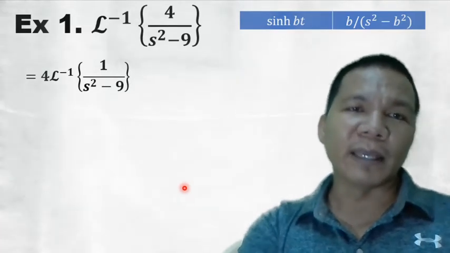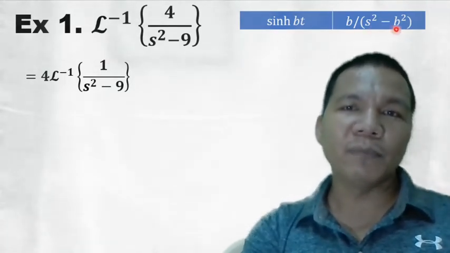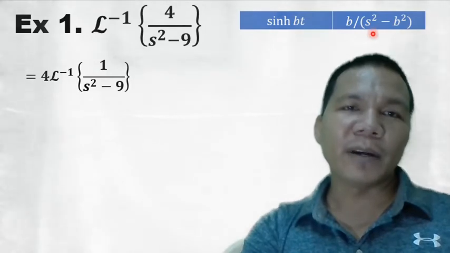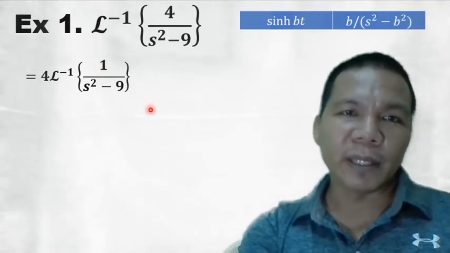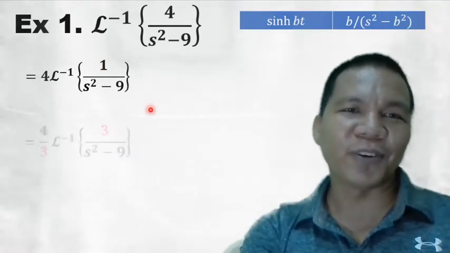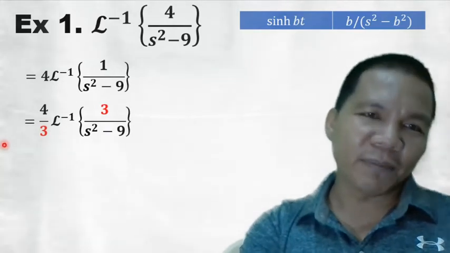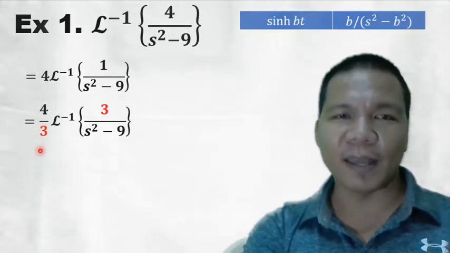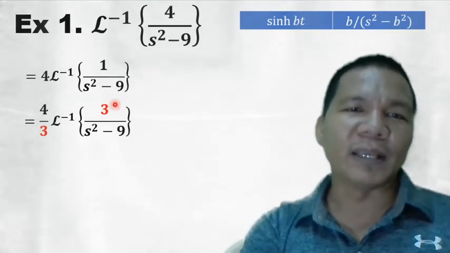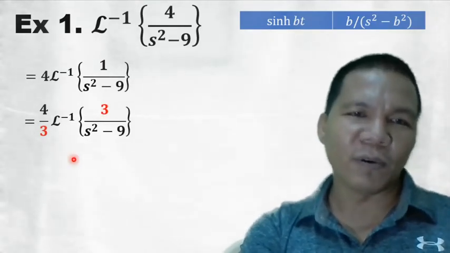Now, what is lacking in the numerator here? Take note of your transformation pair. So in this transformation pair, 3 is lacking in your numerator. Now, if I'm going to multiply 3 in your numerator, I will balance that by dividing 3 now outside your inverse Laplace transform sign. So this is actually a 1. 3 over 3 is just 1.